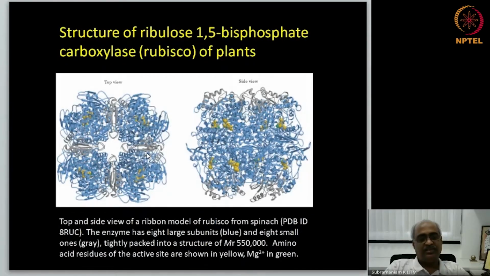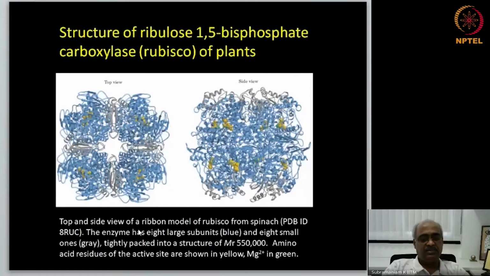These are the different subunits, 4 large subunits, the blue colored ones, and 4 small subunits, the gray colored ones. Okay, and the active site residues are colored yellow and visible through this ribbon model. And from the side, when you look at it, this is the view you get.